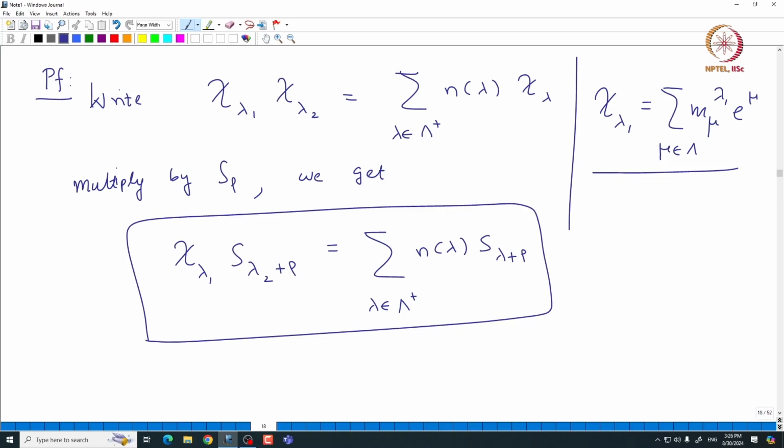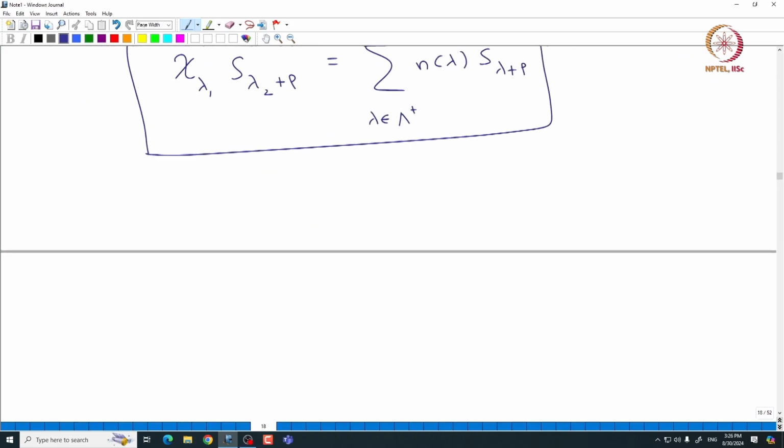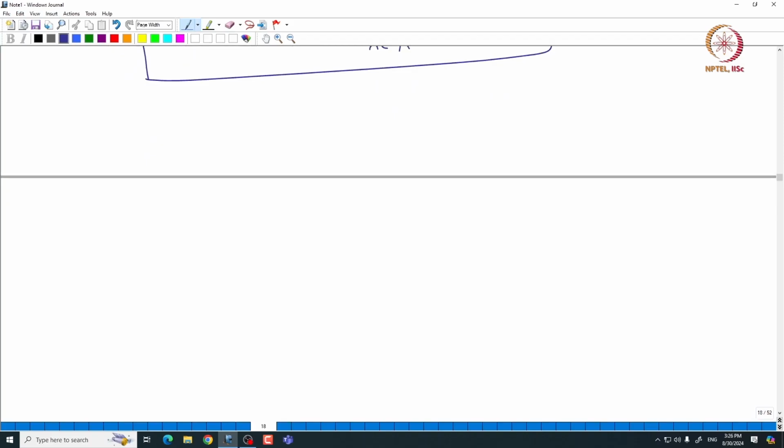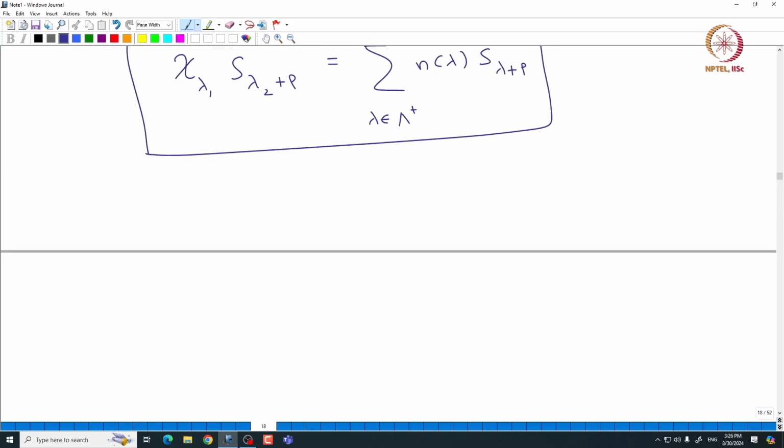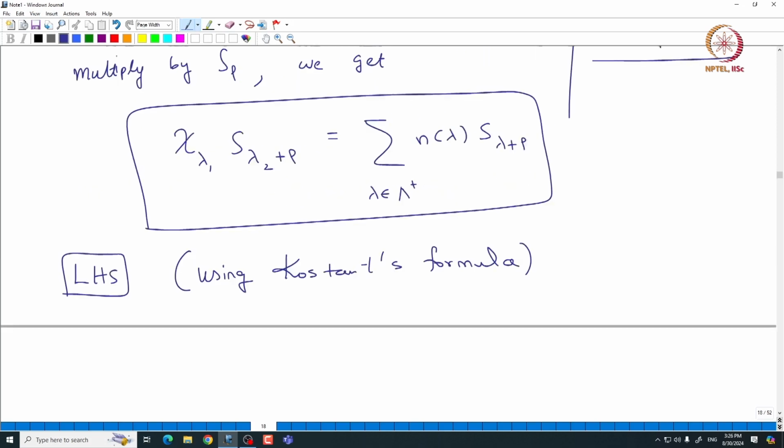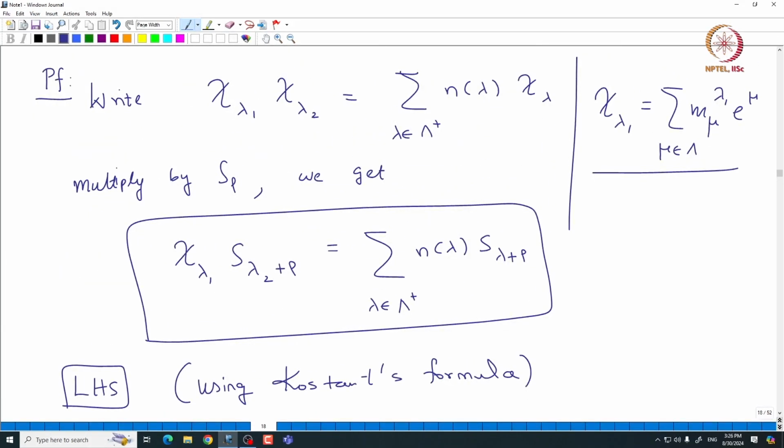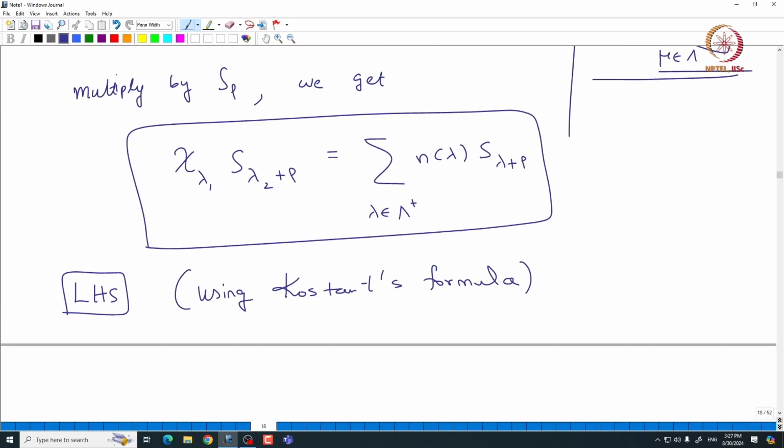Now we also use the constant formula for the multiplicity. So, let us work out the left hand side using this constant formula for the multiplicity. We write chi lambda 1 as the summation of mu lambda 1 e power mu, and then replace this mu lambda 1 using the constant formula.